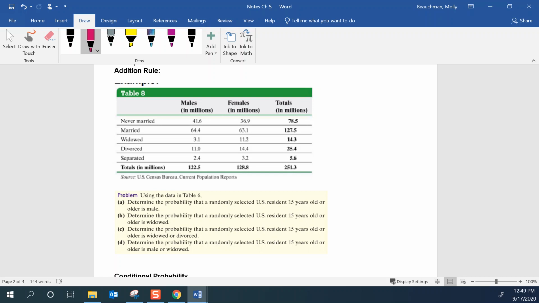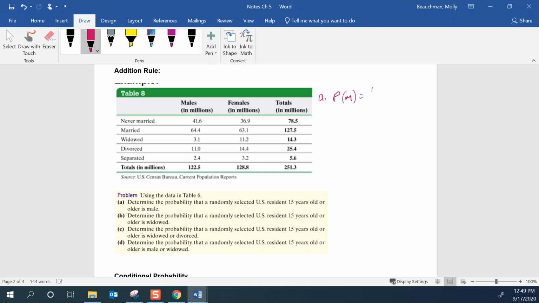We're going to use the table to answer the following questions. Question A: determine the probability that a randomly selected U.S. resident 15 years old or older, which is what the table represents, is male. So we want the probability of male.